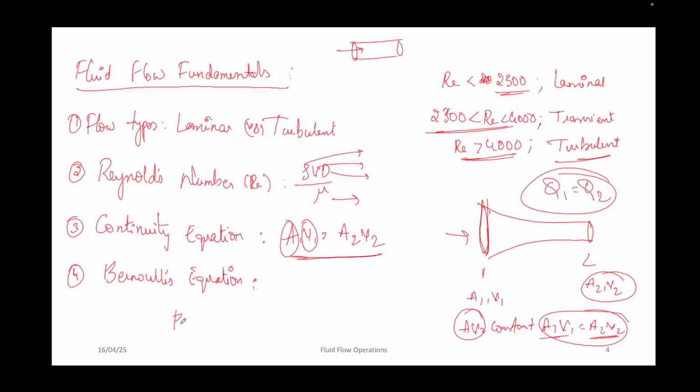So pressure plus half rho v square, that is kinetic energy, plus potential energy will be constant. You can also rewrite this as P by rho g, that is pressure head, plus v square by 2g, plus h is equal to constant.